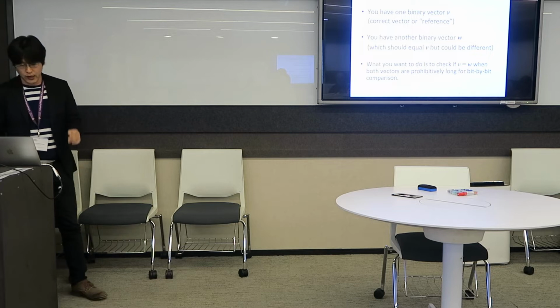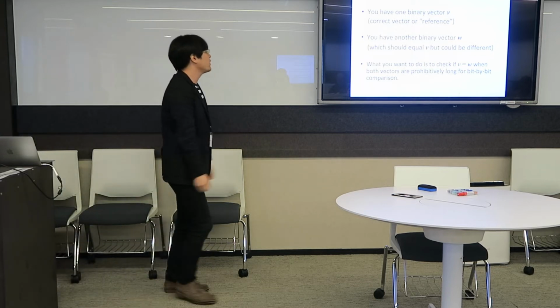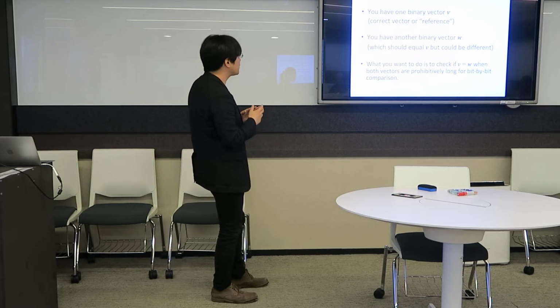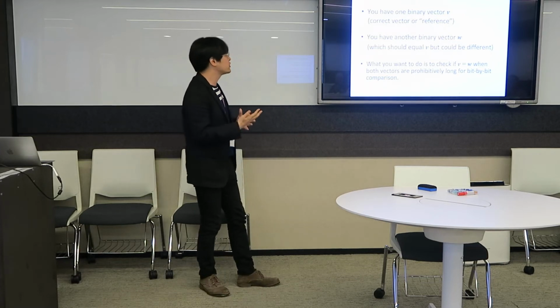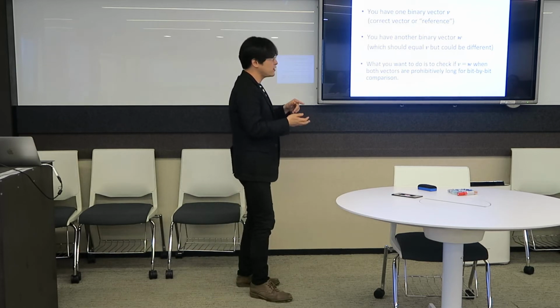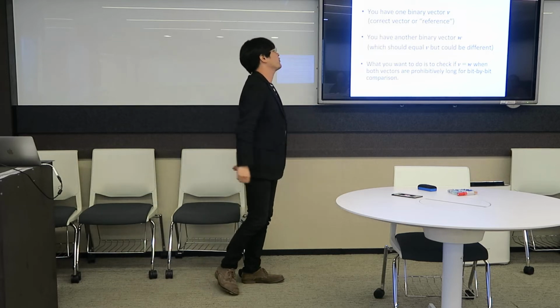So what we really want to do is comparing two vectors. Before we talk about the details of X codes or where X codes are used, we first talk about the simplest case of comparing two vectors.